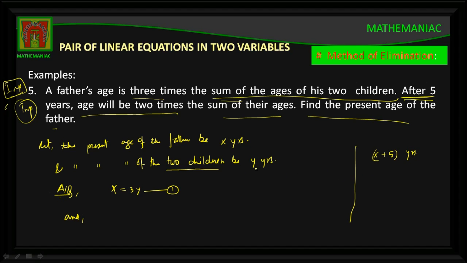Equally, these two children will also grow up, right? So what will be the age together? We're talking about the sum. Present age is y, and then after 5 years, what will be their sum of ages? It is y plus 5 years. Exactly.